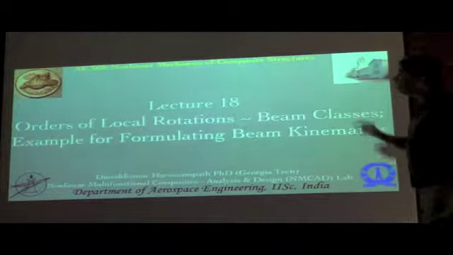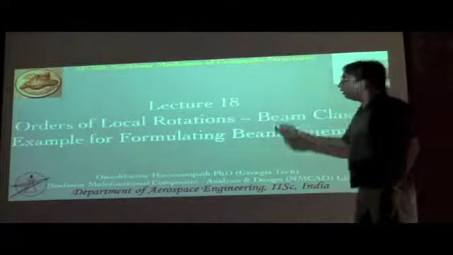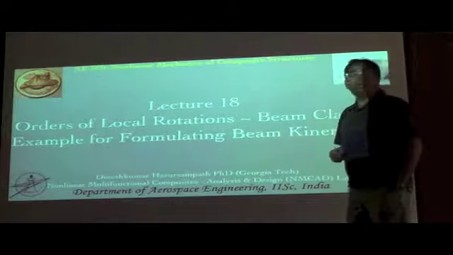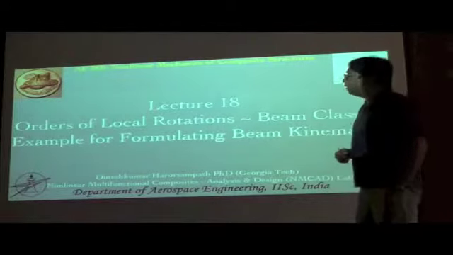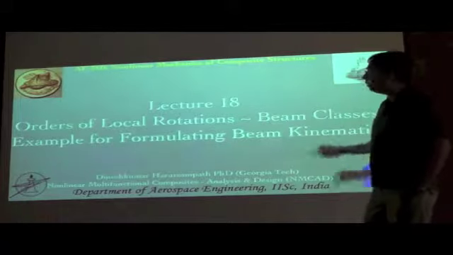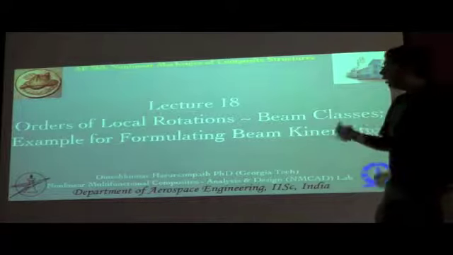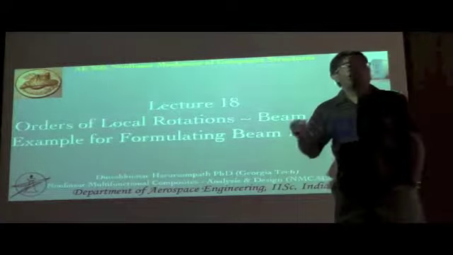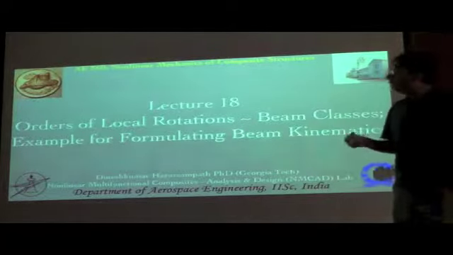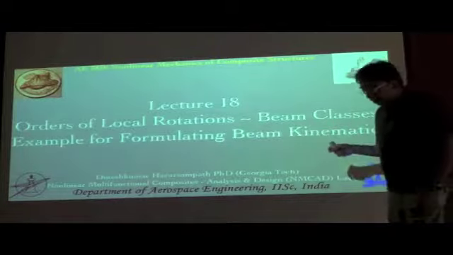Once we are done with that, we'll take up a simple example to show how we can formulate the kinematics of beams, and in this simple example we'll make certain ad hoc assumptions.